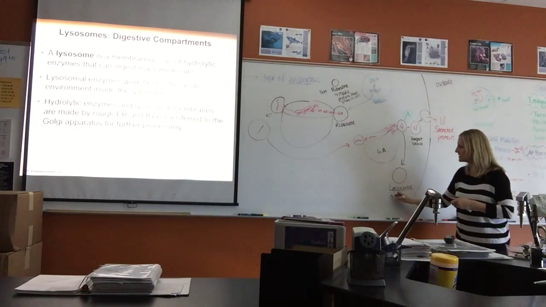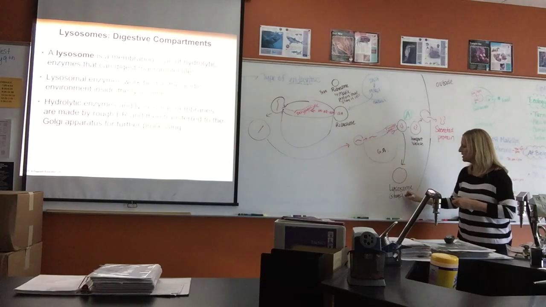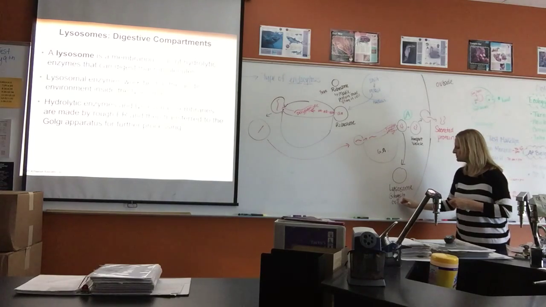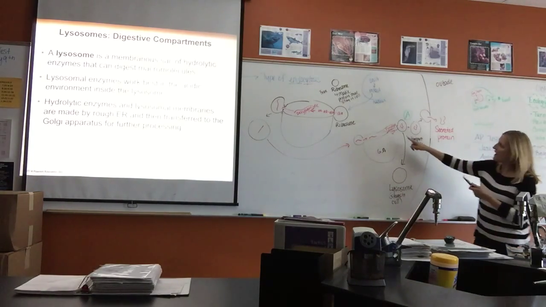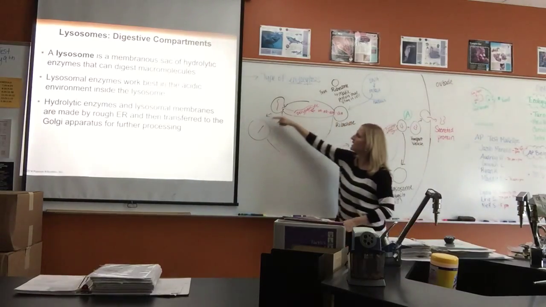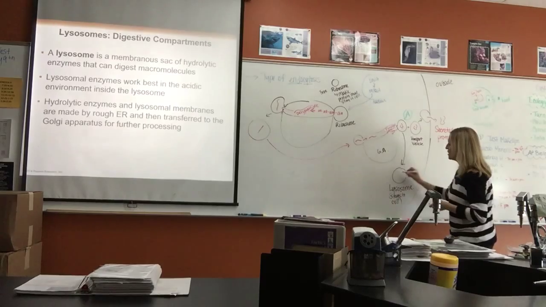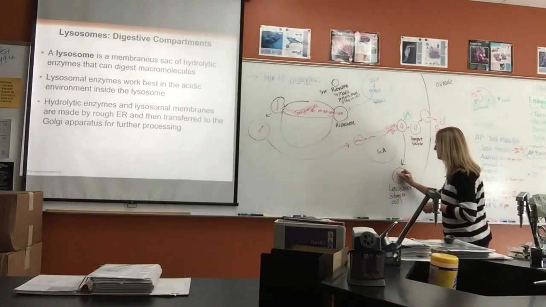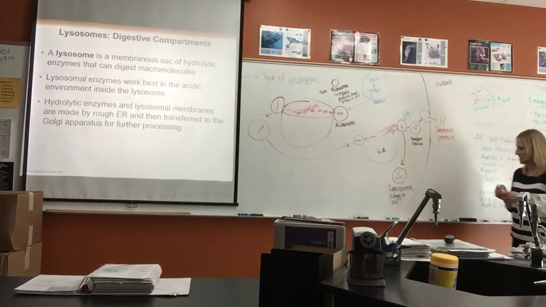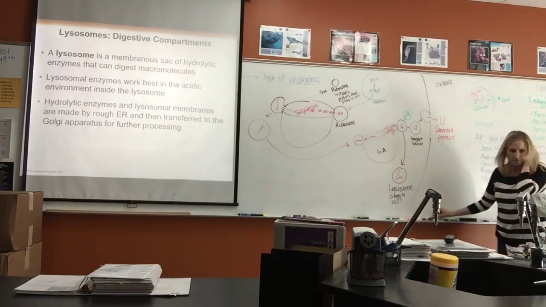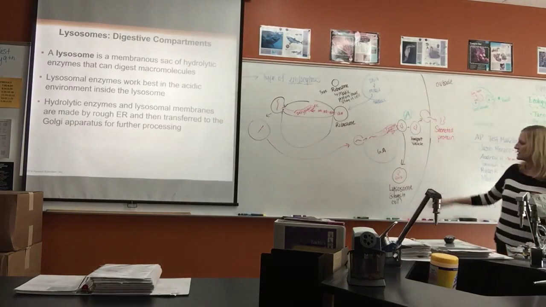So what the rough ER made in this case was a digestive enzyme. Here we have a polypeptide chain. This is a digestive enzyme that is in the lysosome, and it stays in the cell.